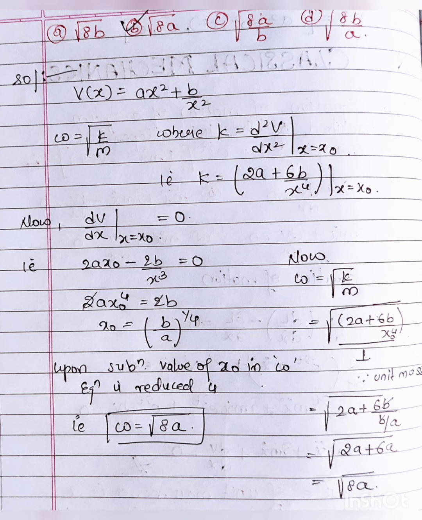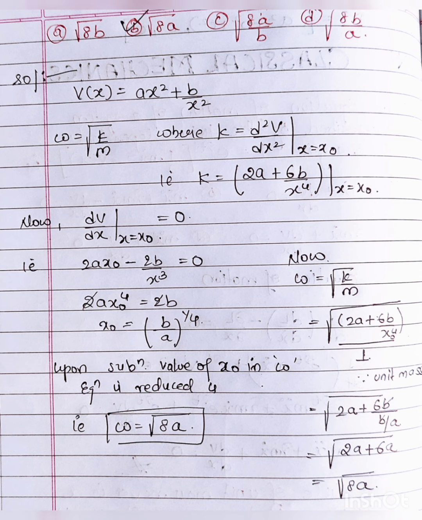Now substitute the value of x naught in the given equation, that is root of 2a plus 6b by x naught to the power of 4, where x naught to the power of 4 is b by a. Substituting that value in omega, that is root of 2a plus 6b by b by a, upon simplifying we will get root of 2a plus 6a, that is equal to root of 8a.